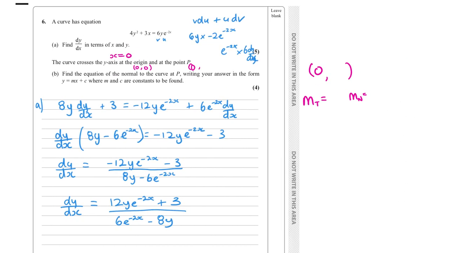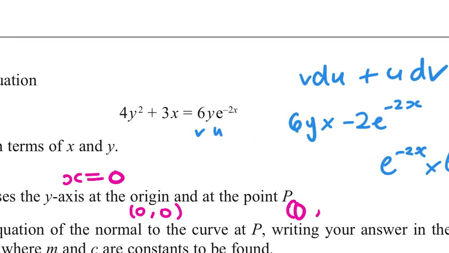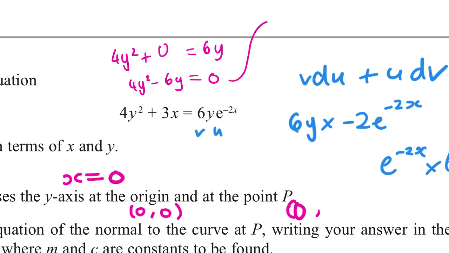So, first of all, if I know my x coordinate is 0, how can I find y? I can just substitute 0 into here straight away and find y. So let's do that. So, I'm going to have 4y squared plus 0 equals, what's e to the power of minus 2 lots of 0? 1. So then we're going to have 6y. So 4y squared minus 6y equals 0.